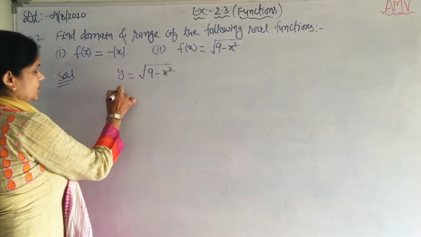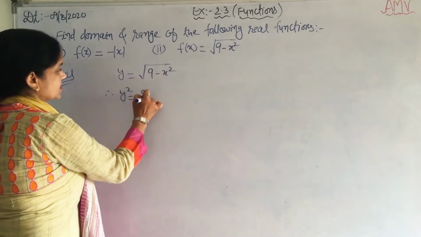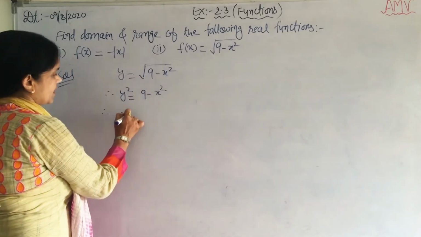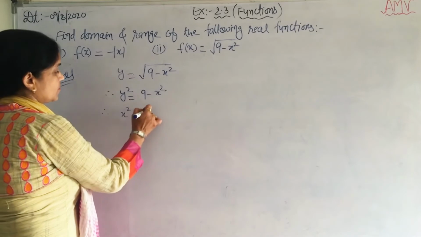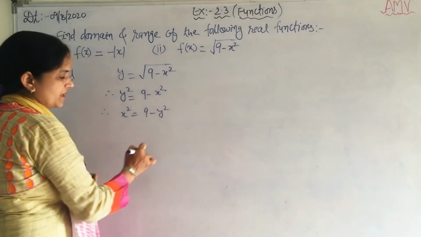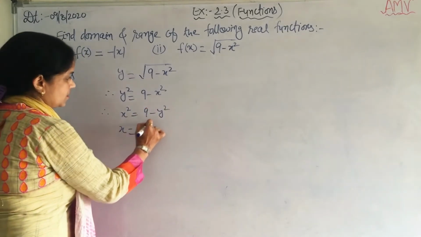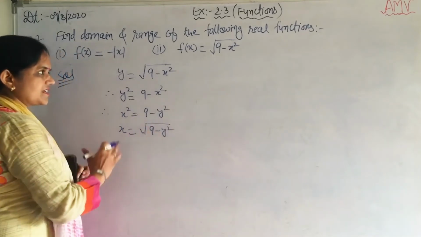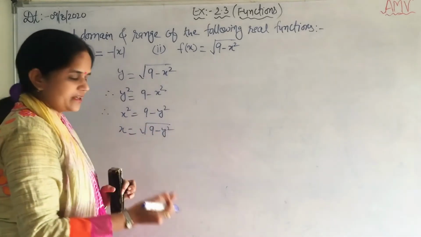So y square becomes 9 minus x square, and therefore x square is equal to 9 minus y square, and x is equal to under root 9 minus y square. The same method we have to apply here.